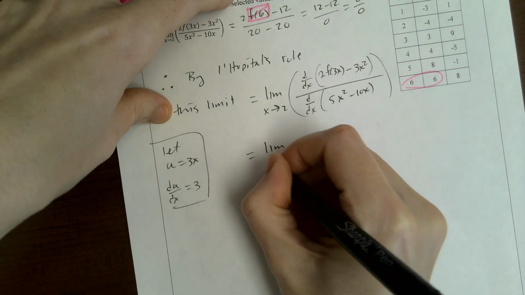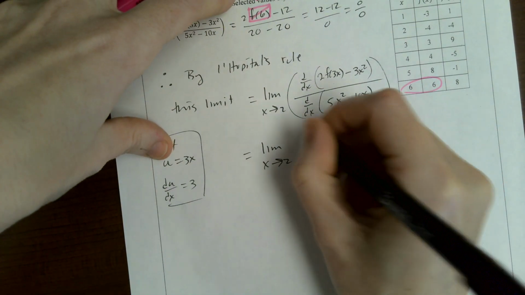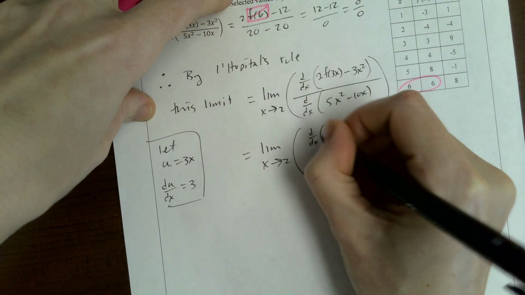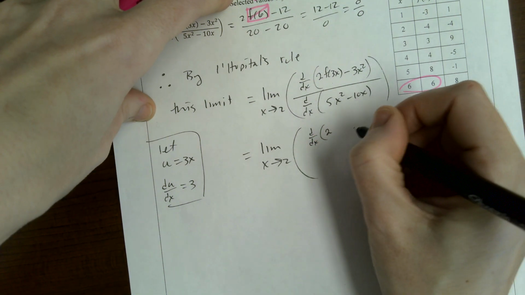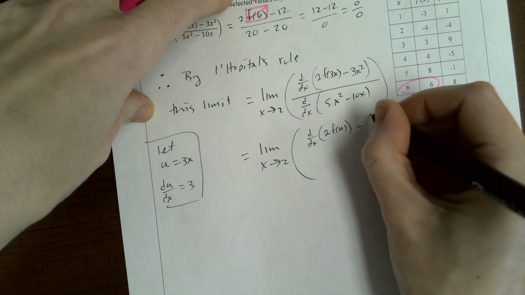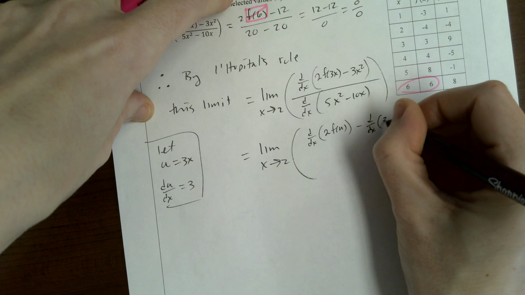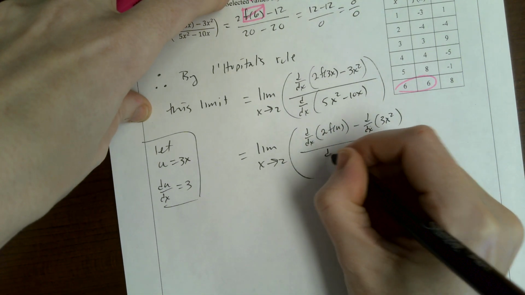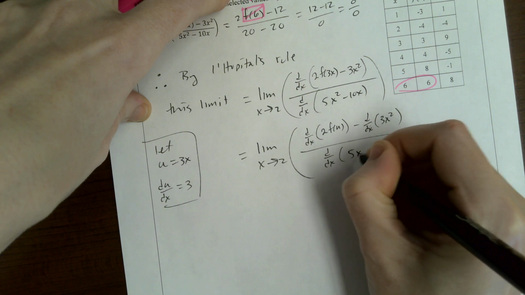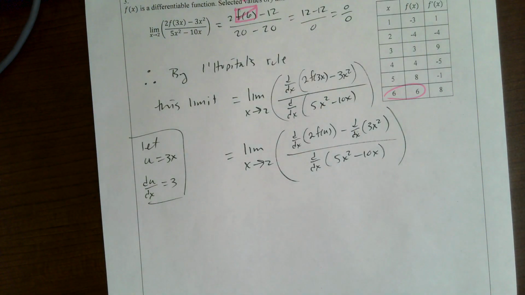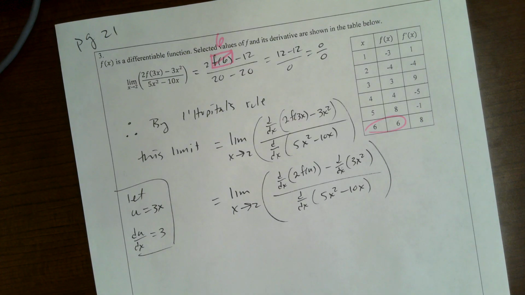So this is the limit as x approaches 2 of d/dx of 2 f of u, and then the rest could just stay. Okay, now I'm going to go in with the highlighter, but you could do the highlighter part in your head.